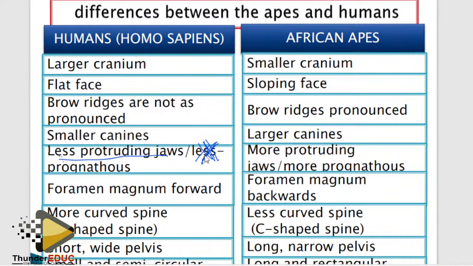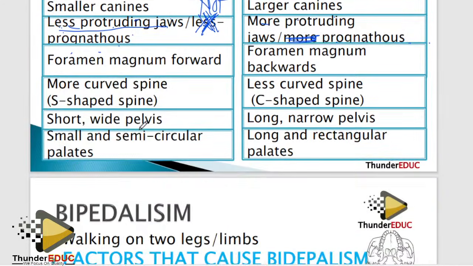We say not prognathus for the case of human, and here you say prognathus. Don't say more prognathus. You can say less protruding jaws, which is correct, and more protruding jaws is also correct. But don't say less prognathus. You say not prognathus for humans, and prognathus for the others. Foramen magnum in backward position is the shape of the spine.